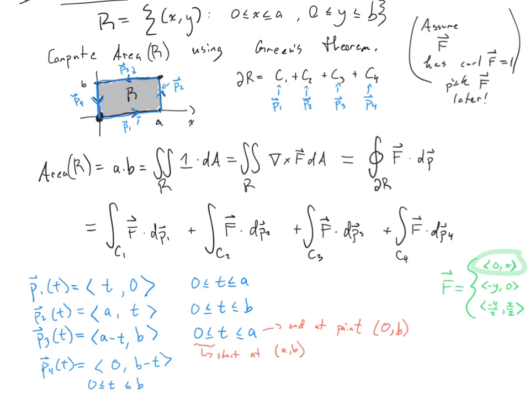When to pick them depends on your function. For us, the parameterizations are all very simple. They're all lines, so I'm not really worried about integrating either one of these. The last one, though, looks the most complicated.